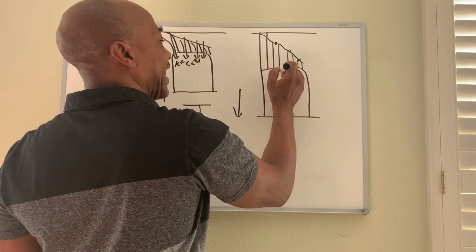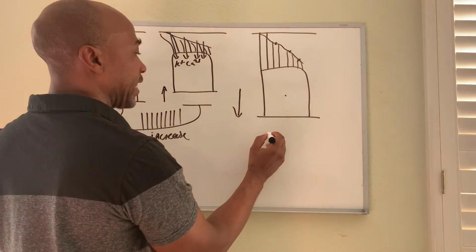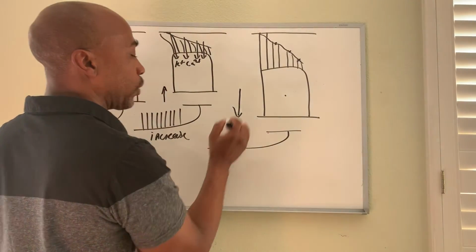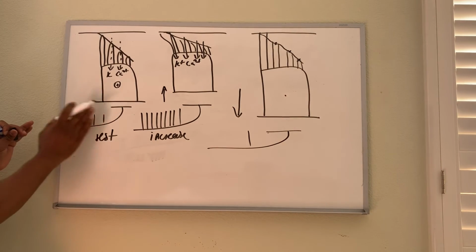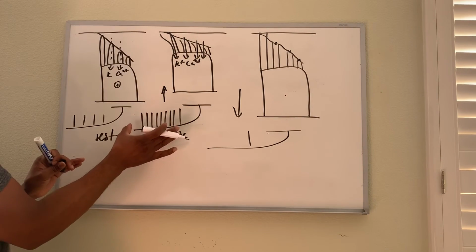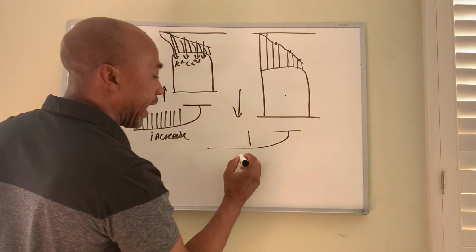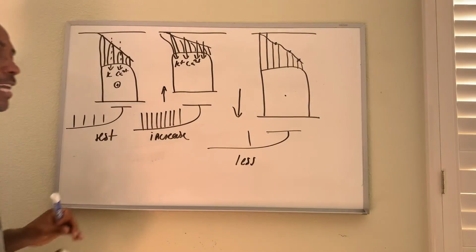When they close, you have fewer ions coming in, so when they go down, they fire less. So you have a rest, basal level of action potentials; it goes up and fires a lot more; it goes down and fires less.